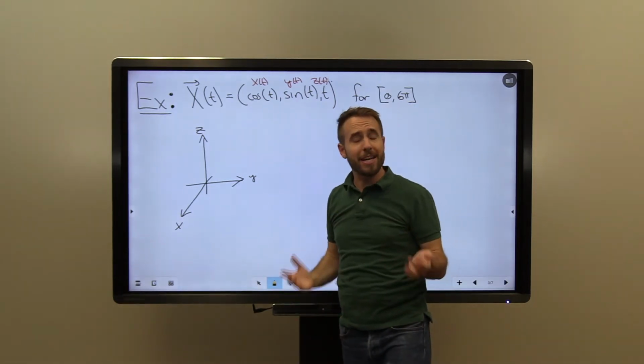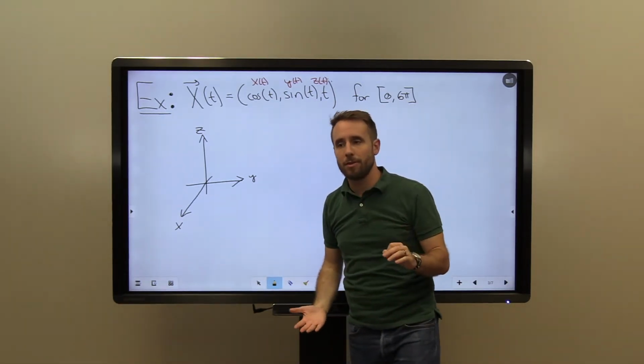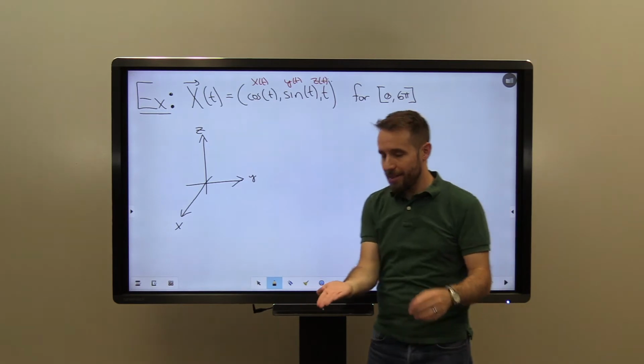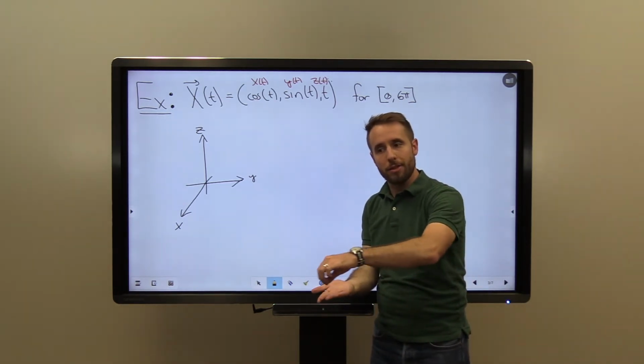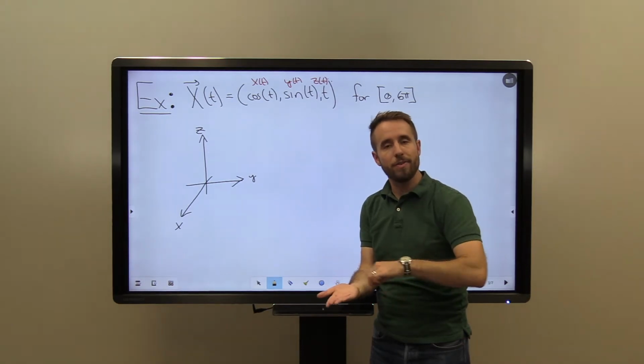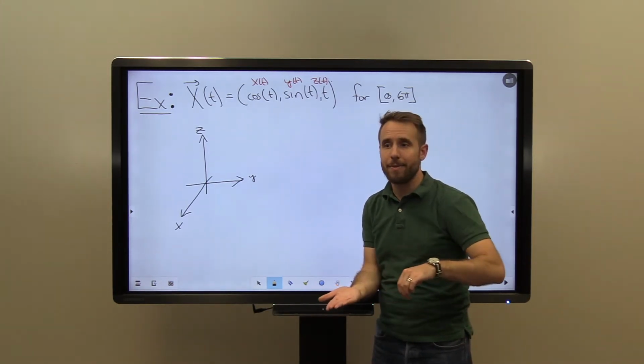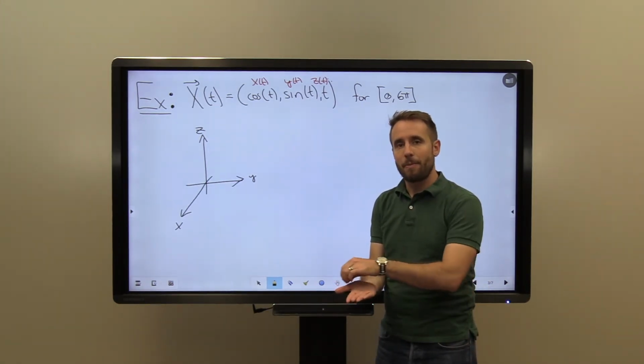We've seen that before. That's our unit circle. So in the x, y dimensions, we're tracing out a unit circle at unit speed.